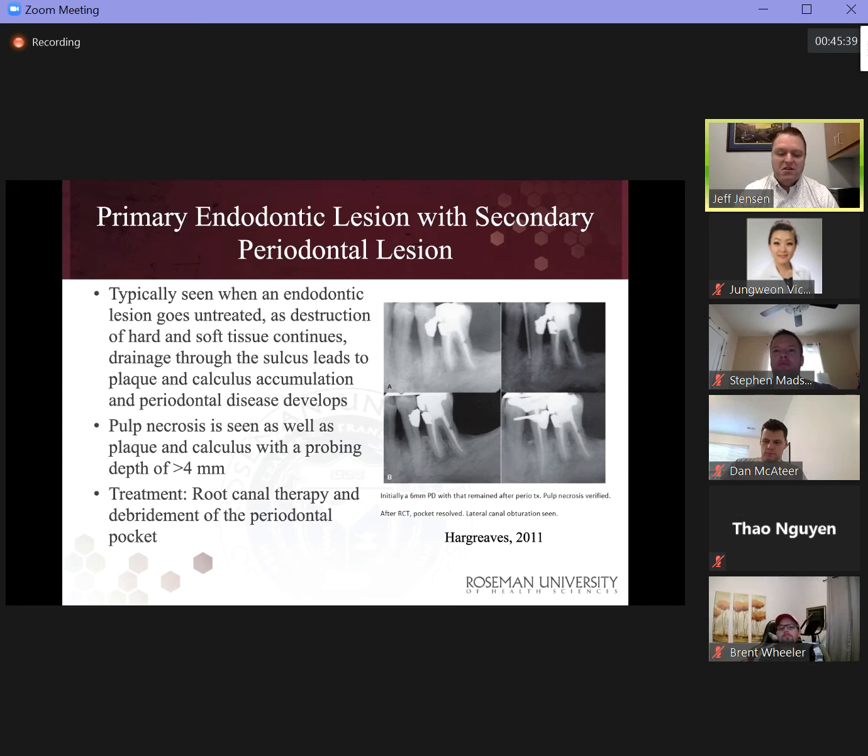Like, who knows if it was a primary endo or a primary perio, unless you can really watch it over time. But I don't want that to distract you from how we treat it, because that's going to be the most important part. And you'll see a pattern here is how to treat these lesions. But these are things to just keep in mind as we talk about this.